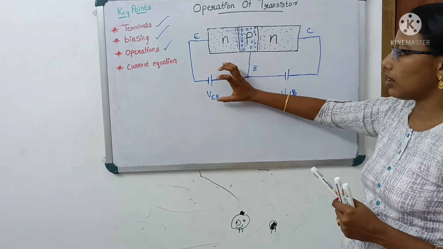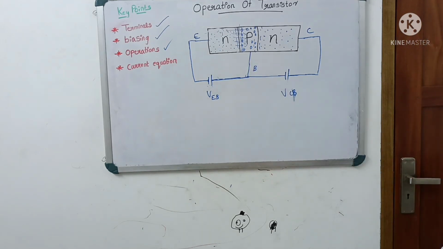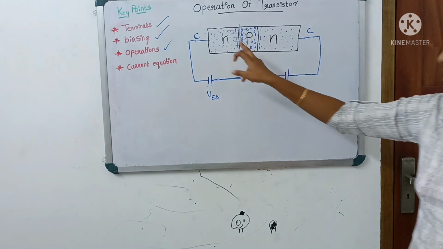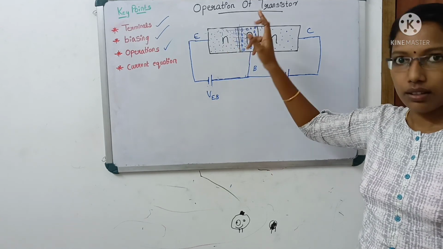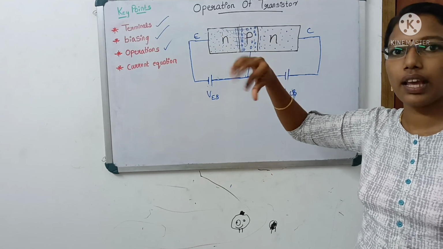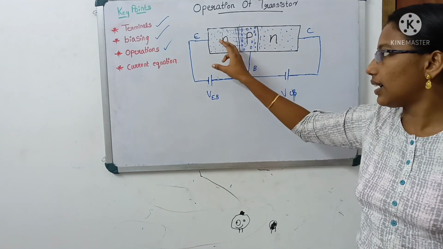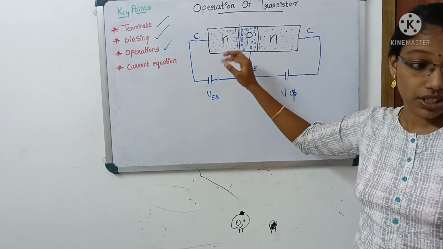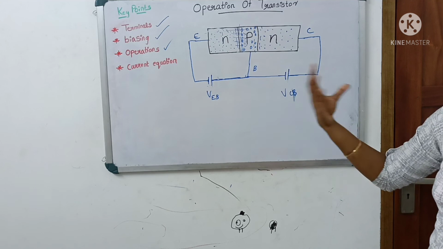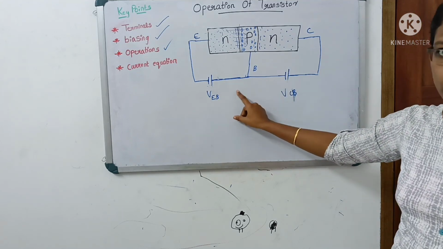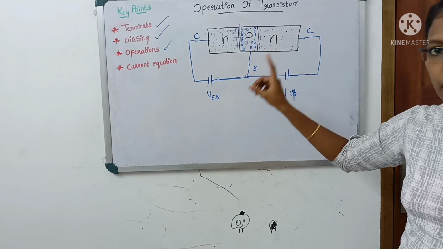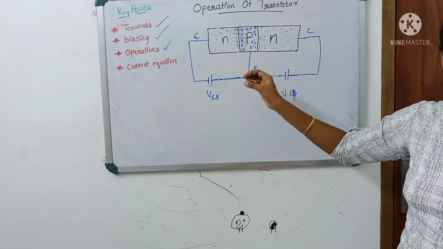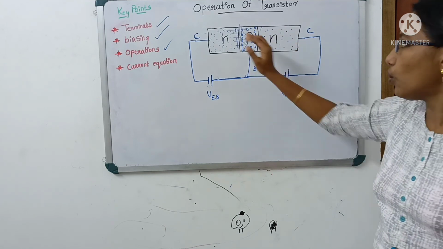So when we apply the emitter base in forward biased condition, the conduction band electrons of the N type material, the valence electrons that actually take part in the conduction process, get enough energy when we apply the VEB voltage, so that the electrons move across the emitter barrier.